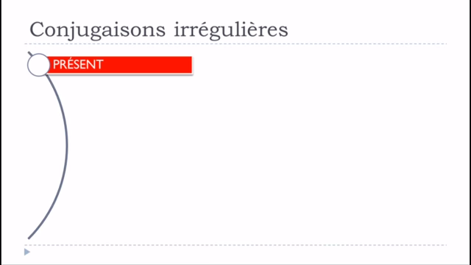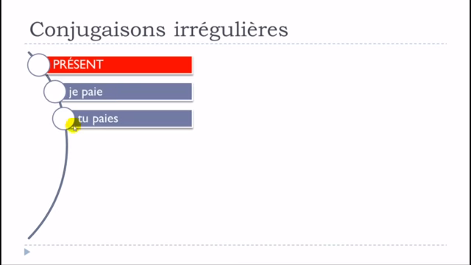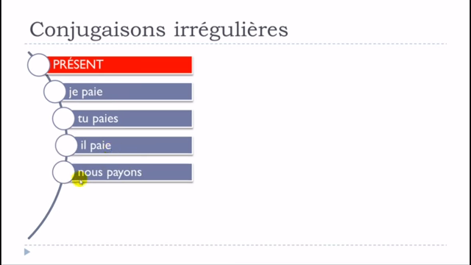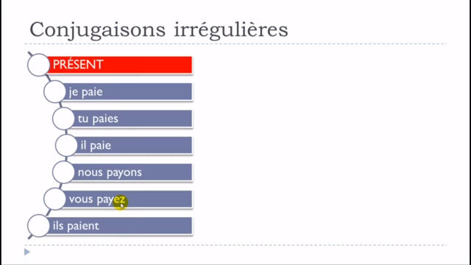Okay, so we'll start with the présent. So je paie, tu paies, il paie, nous payons, vous payez, ils paient. All right. So what you can see is that this Y actually disappears and is replaced by this I. So it does concern the je, tu, il.